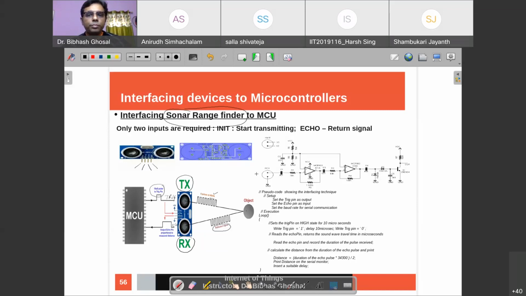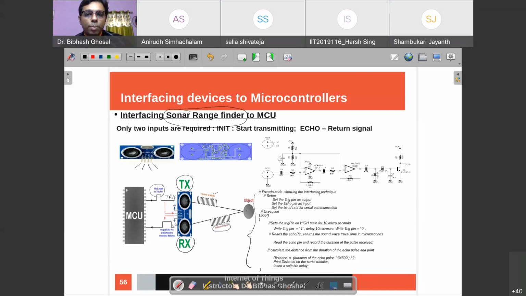Okay. Now, let us try to make use of this in code. What I want to do is write some code in the microcontroller so that the microcontroller can interface the data obtained from the sonar rangefinder.